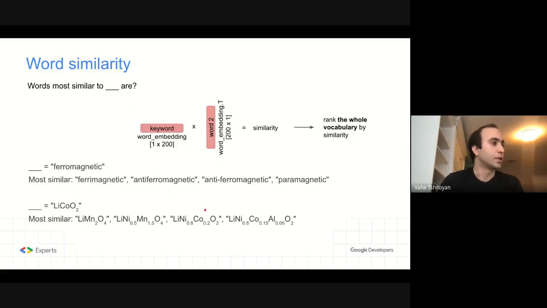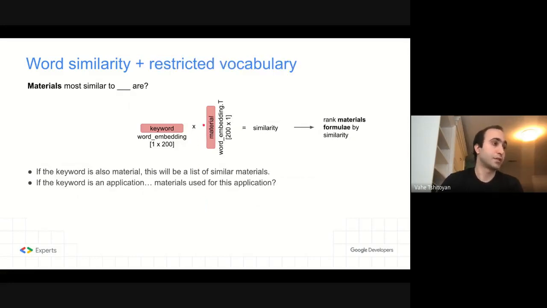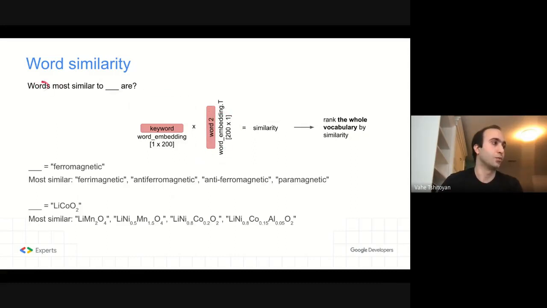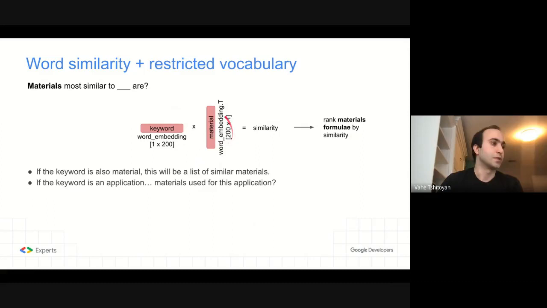But one thing we can do is restrict our vocabulary a bit on this output part and say, instead of asking what words are the most similar, what materials are most similar to the keyword. And now this is getting into the hypothesis generation part. Now we can rank material formulas by similarity to a given keyword.